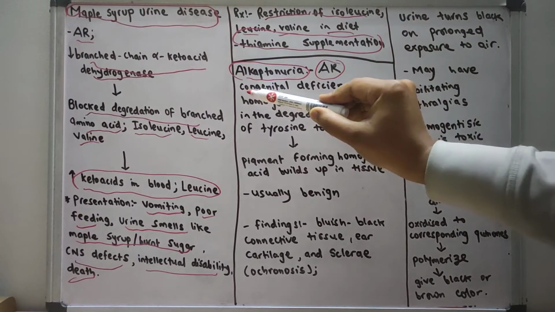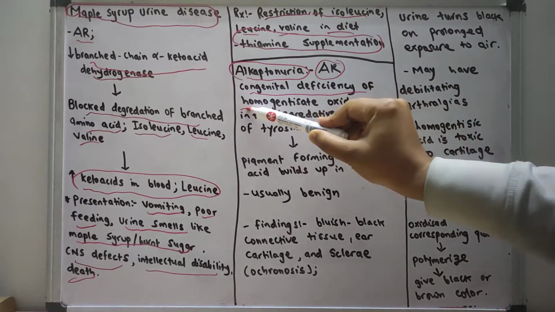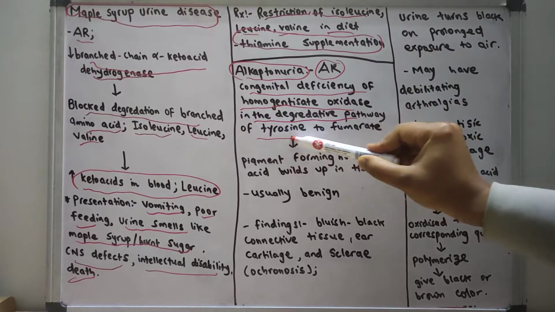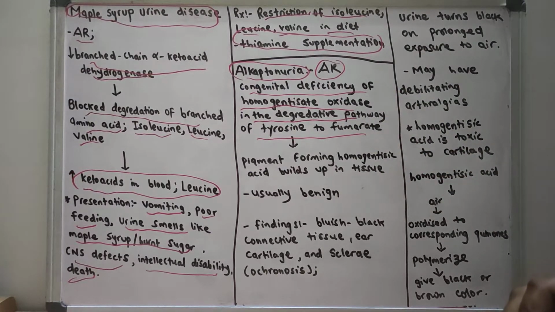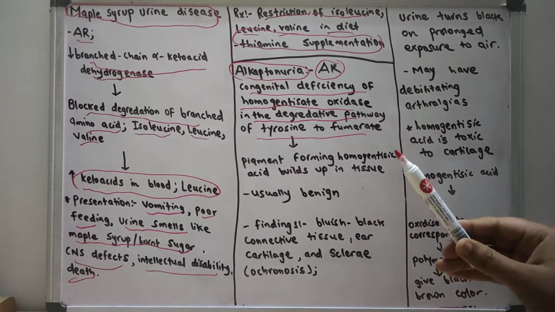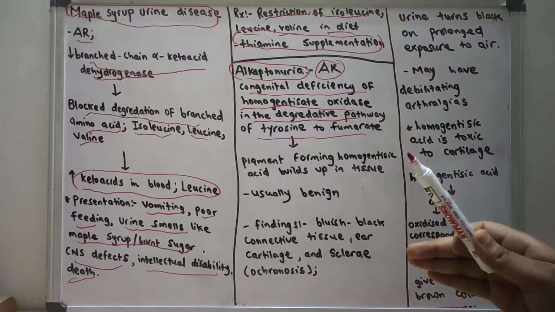There is a congenital deficiency of homogentisate oxidase in the degradative pathway of tyrosine to fumarate. I have discussed that while there is conversion of tyrosine to fumarate, there is one enzyme, homogentisate oxidase.